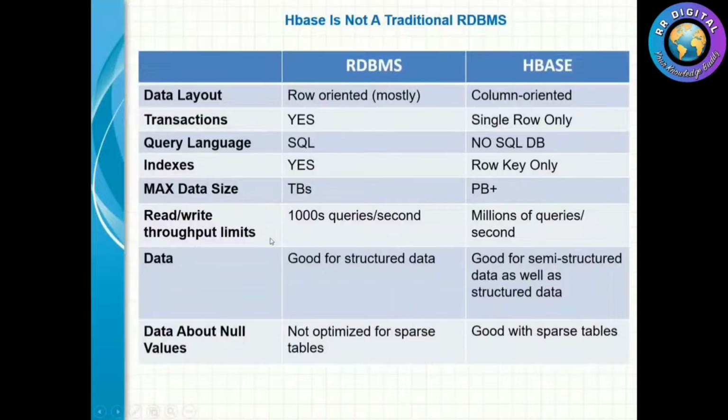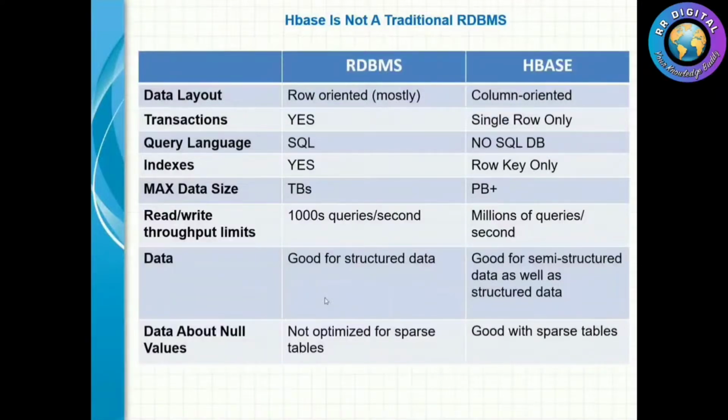And read and write throughput limits. In an RDBMS, about 1000 queries per second can be inserted, but here it is millions of queries per second, if you use a large cluster, a supercomputer. On data types, an RDBMS is good only for structured data, but HBase can process semi-structured data as well as structured data.